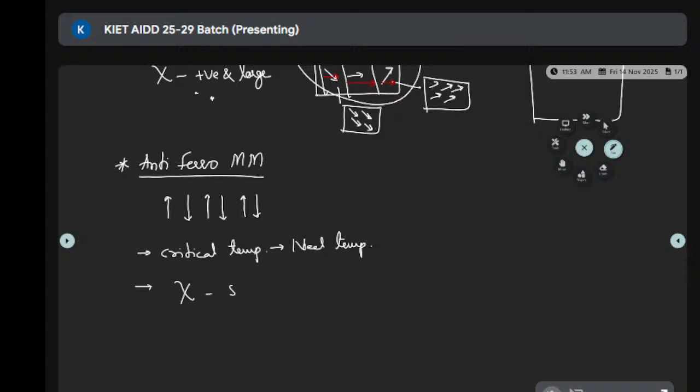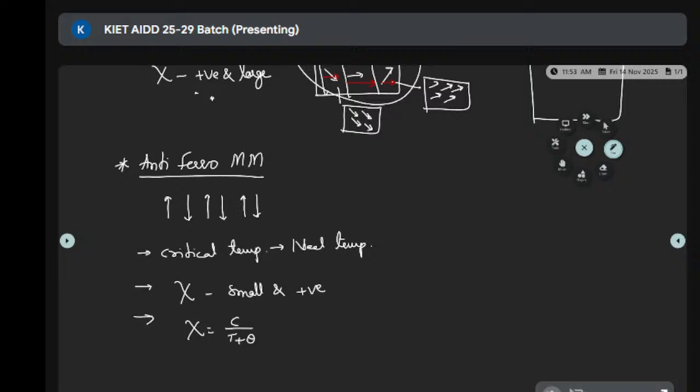It is small and positive. Size small and positive. The susceptibility varies with temperature up to the critical temperature, the Néel temperature.